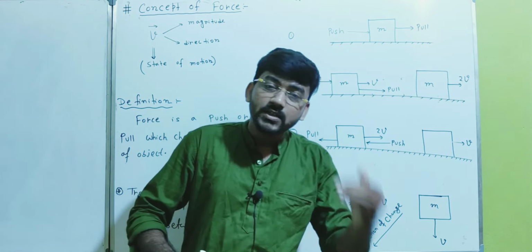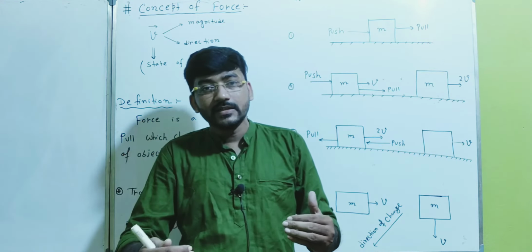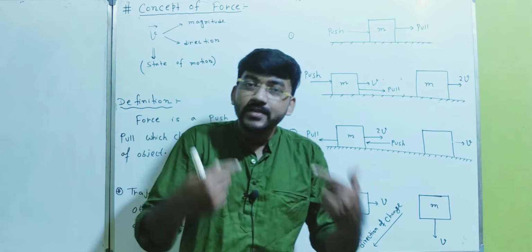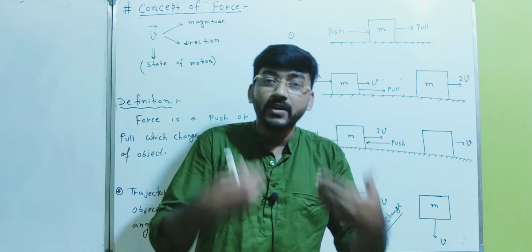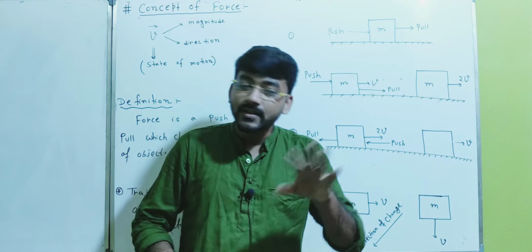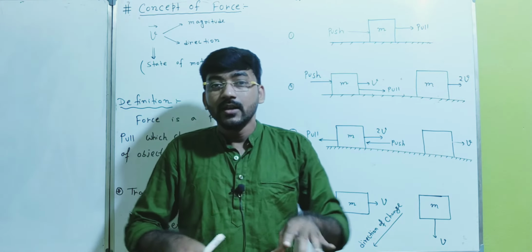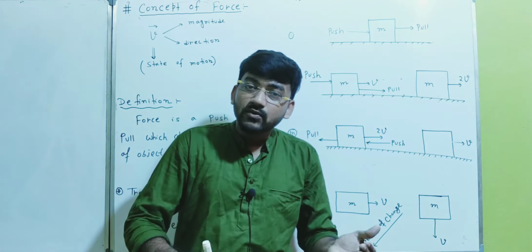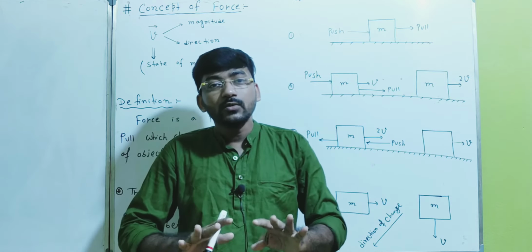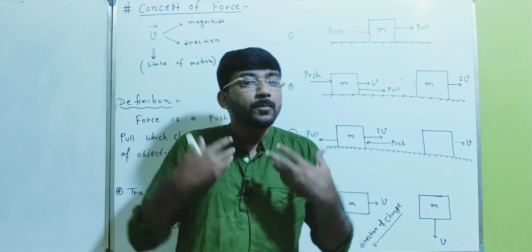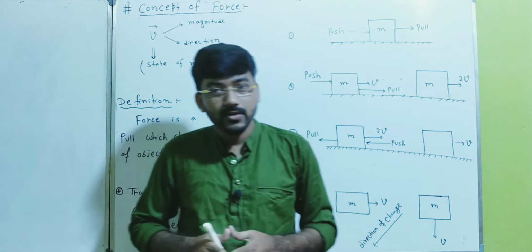So if we change its magnitude or if we change its direction, that means we are going to change its velocity, completely the velocity vector, either its magnitude or its direction. If we change its magnitude or direction, then actually what are we going to change? We are going to change completely the physical quantity, that is the velocity vector.